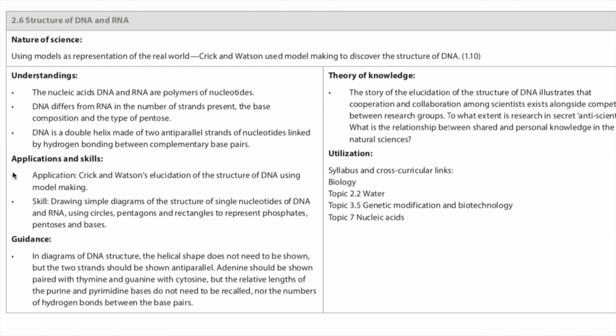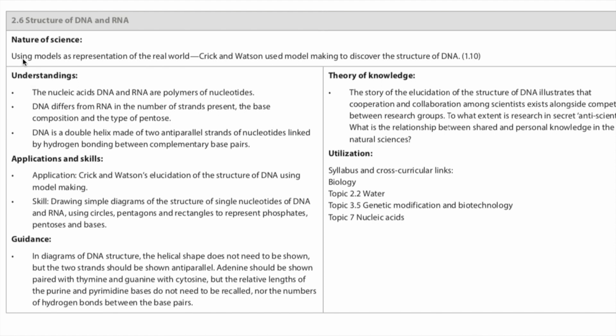And I want you to collaborate with each other as needed, but to share each question that I'm going to ask, each activity, on your personal Google Hangout. Our purpose today, of course, is to look at section 2.6, the structure of DNA and RNA, looking specifically at these understandings here, primarily.